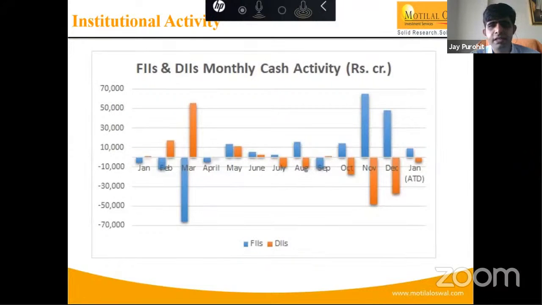Till the time you don't see selling pressure from the FIIs, say 2,000, 3,000 crores worth of equities sold for consecutive 3-4 days, which would be a sign of concern where you can look for a reversal, it's better to be with the trend.